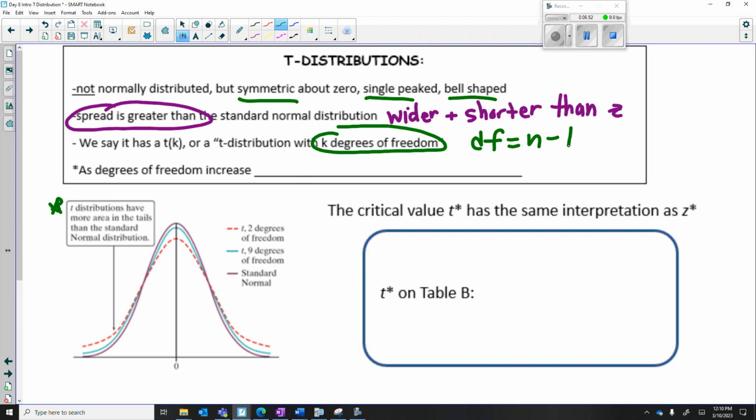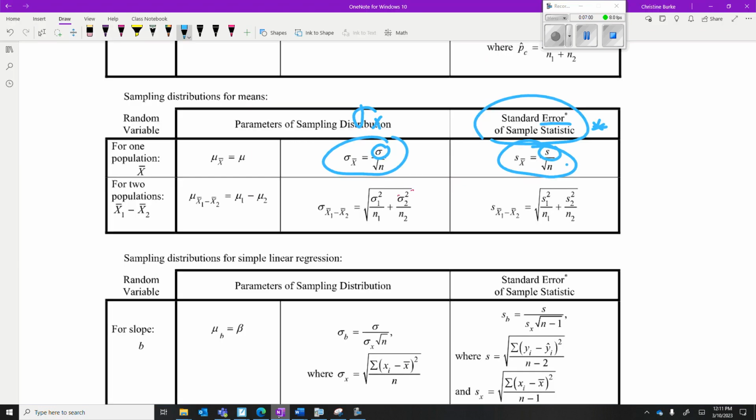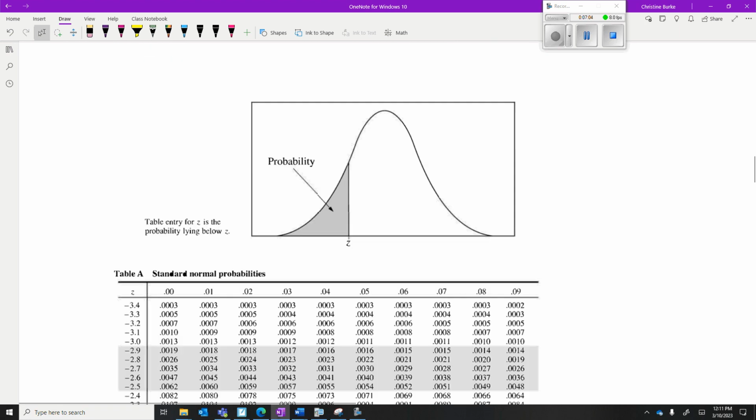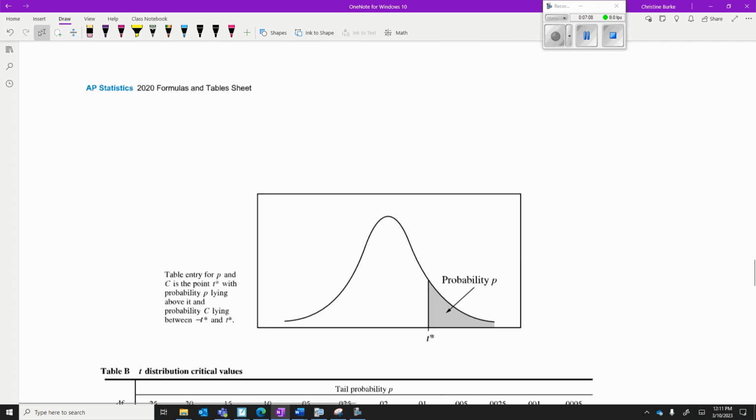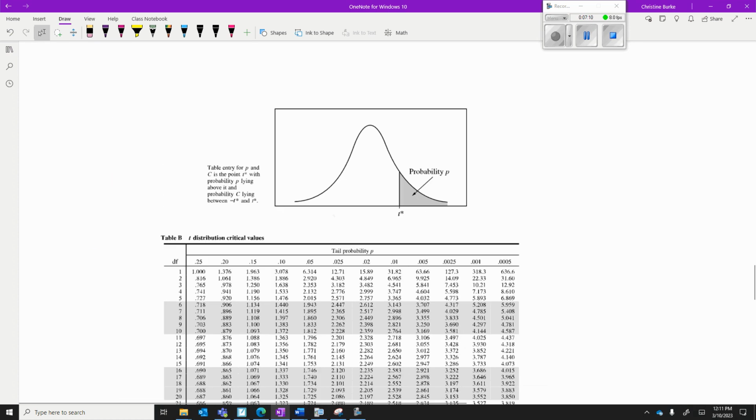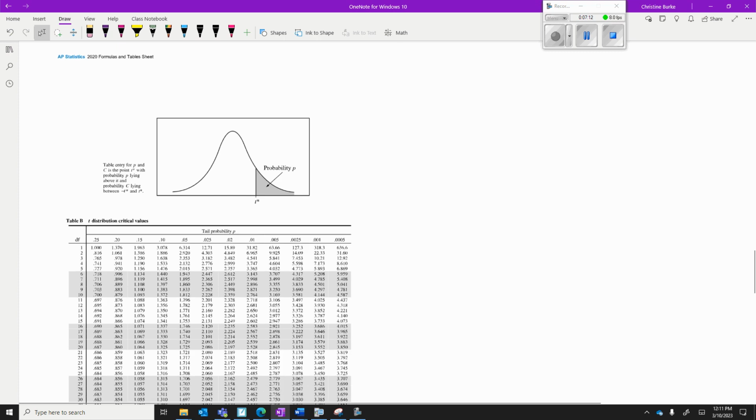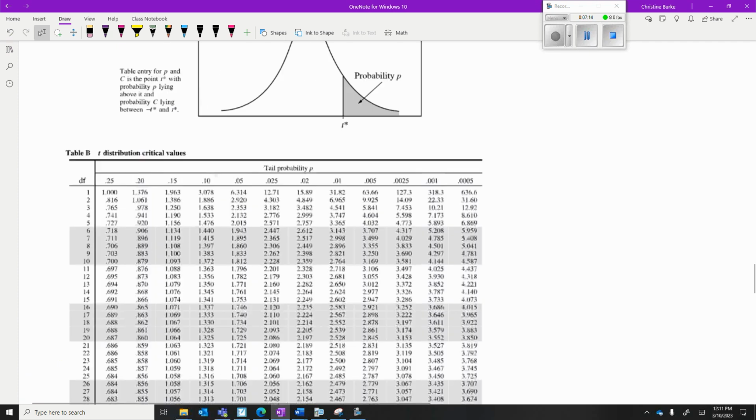And I want to show you guys the t-chart to show you what I mean. So this is going to actually be called table B, which you have been looking at using your z-star. Go over to your table B now. This is table A. And here's table B. So if you look at table B, it says on the top, it looks like a bell curve, right?